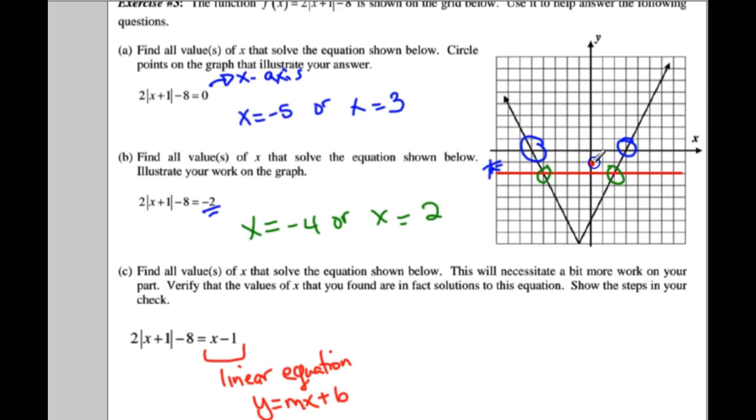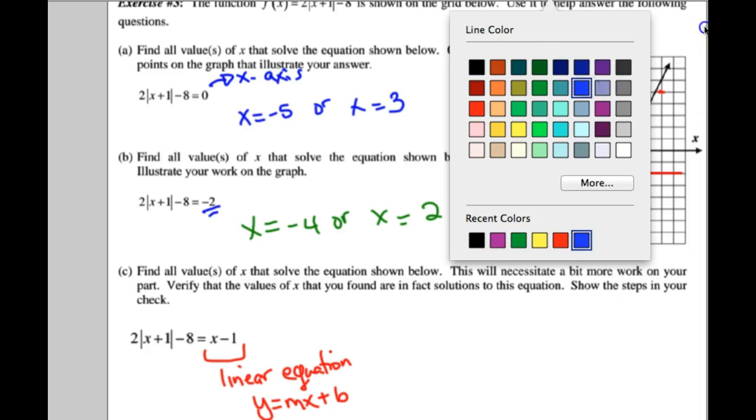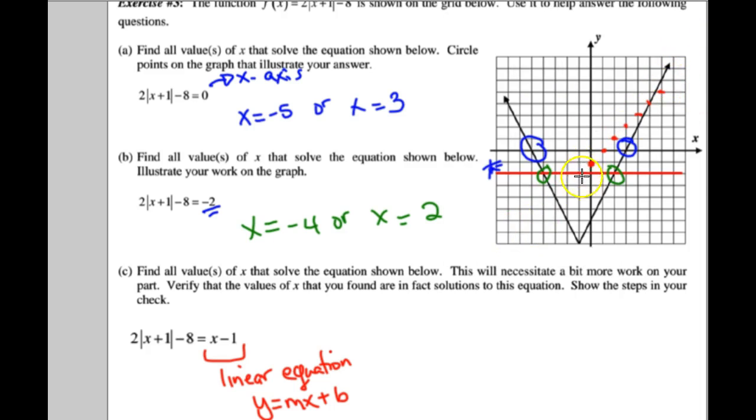So I'm starting here and I go up 1 over 1, up 1 over 1, up 1 over 1. This is how you normally graph a linear equation. Let's put that in blue so you can see the difference. I want something that looks like it's coming through these points right here.